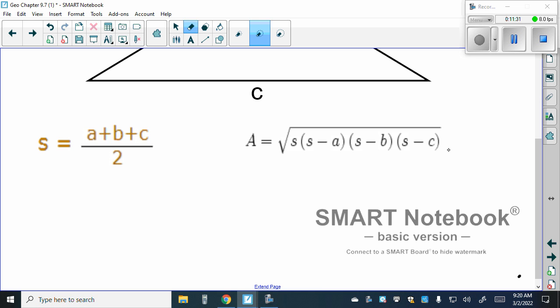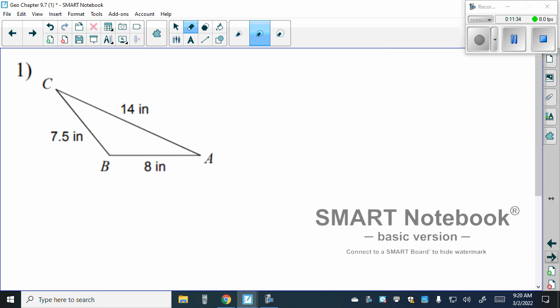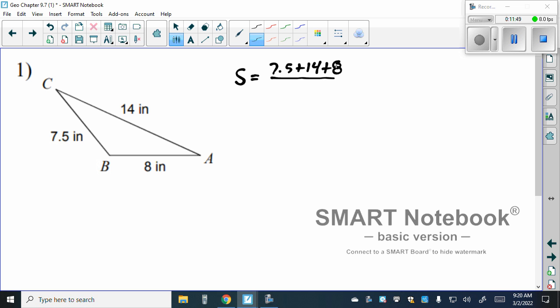So let's look at the first one of this here. The first thing we need to do, because we are given three side lengths, is find the value of S. S is going to be 7.5 plus 14 plus 8 divided by 2. 7, 22, 29.5 divided by 2 should be 14.75.